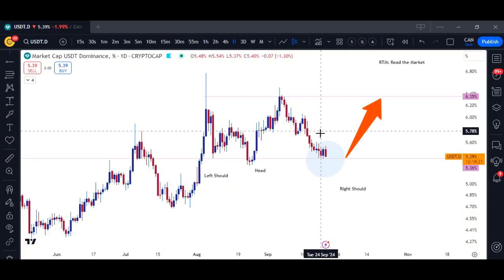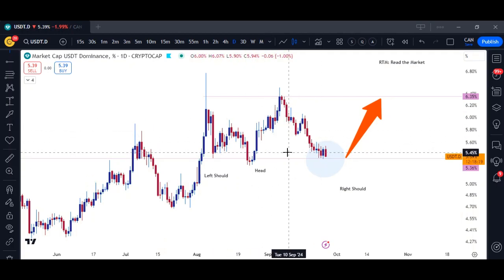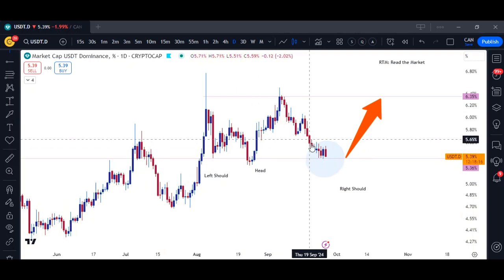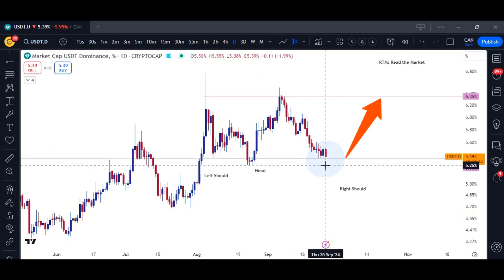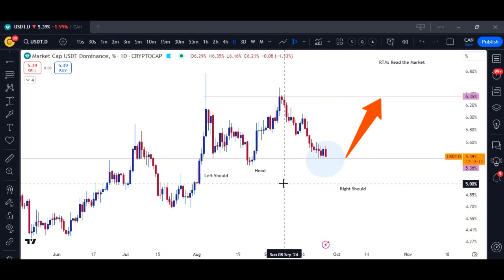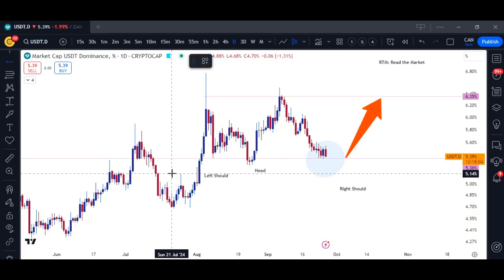So when the head and shoulder is not moving in our direction the way we expect, we could say that maybe another pattern is forming in the market. And what's that? Well, the answer is a diamond pattern.